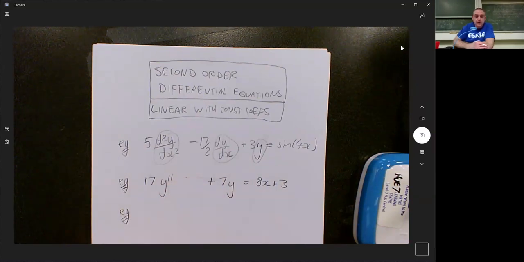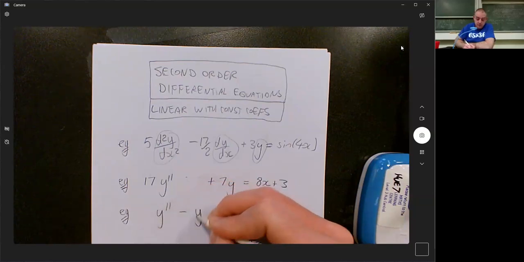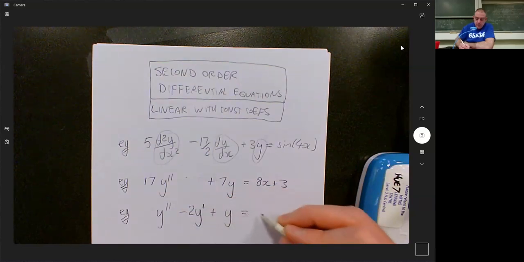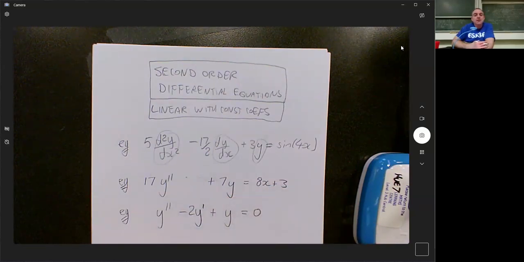And it can also not have any x's in it at all, because this bit could be 0 or just a plain number. That's a possibility as well. So these are all various examples of second-order linear differential equations with constant coefficients.